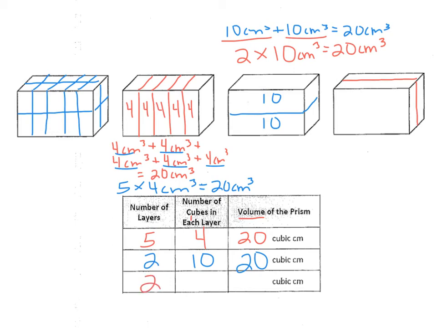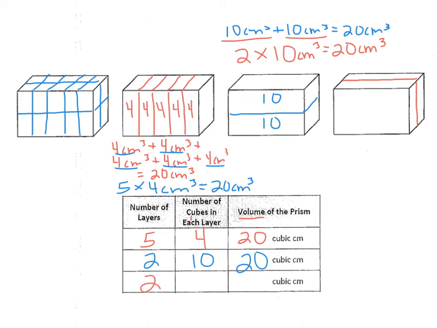Well, now I need to look over at my original rectangular prism. And what am I going to count? Am I going to count the back layer, or am I going to count the front layer? Which one's going to give me a more accurate volume? Which one's going to be easier? Let's be truthful. Counting the front or counting the back?